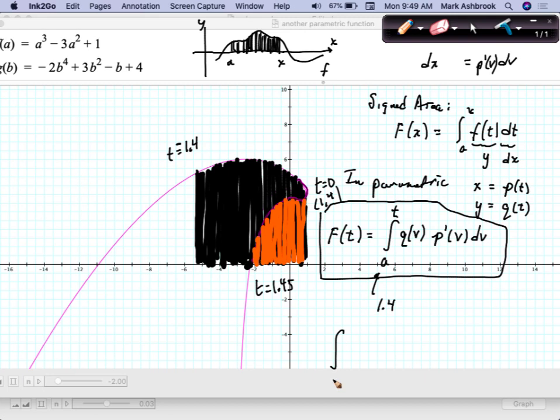What is the integral from negative 1.4 to 1.45 of, this is my f of v, this is my f here. G, no, I need g. G is the y coordinate.